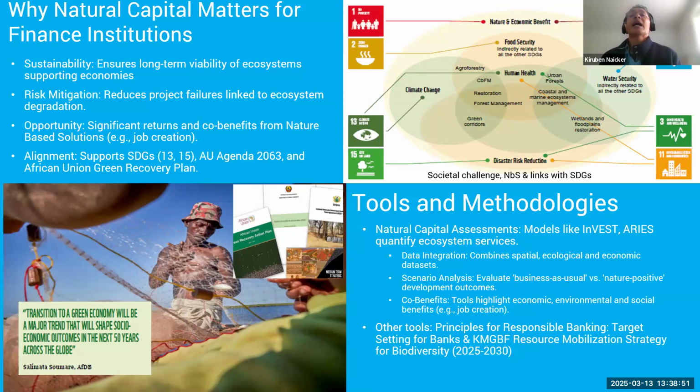Co-benefits, the tools highlight economic, environmental, and social benefits. As I mentioned, job creation. There are other tools, principles for responsible banking, which provide target setting for banks, and the recently adopted Kunming Montreal Global Biodiversity Framework Resource Mobilization Strategy for biodiversity, which runs from 2025 to 2030.